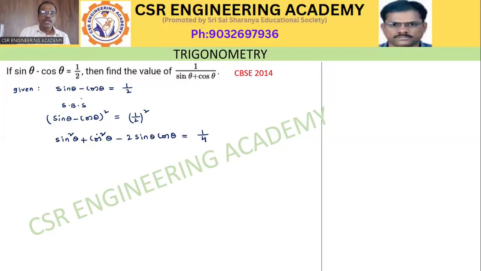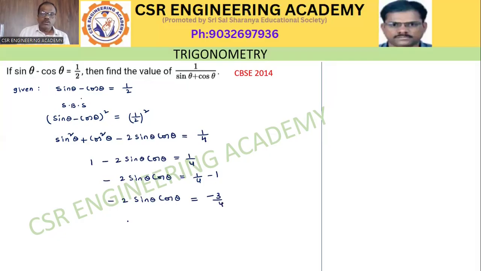Sin square theta plus cos square theta is equal to 1, minus 2 sin theta into cos theta is equal to 1 by 4. Minus 2 sin theta into cos theta is equal to 1 by 4 minus 1, that is minus 3 by 4.